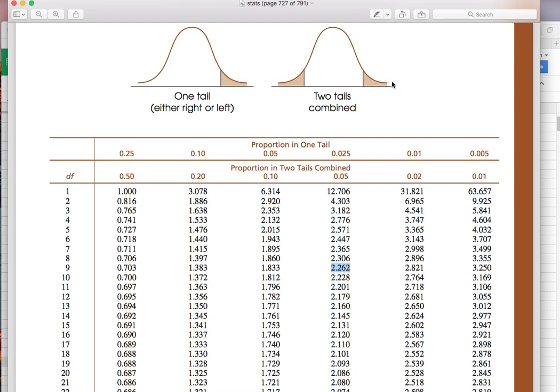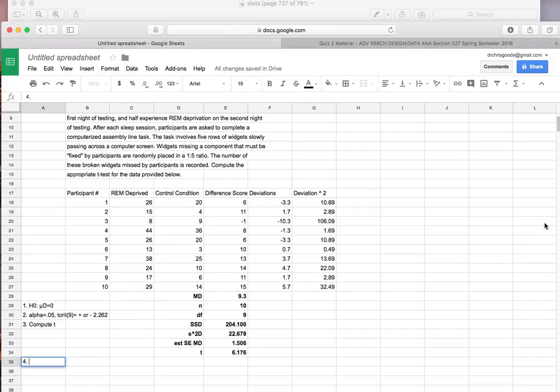I don't know how much area is under the curve beyond our observed t-value, plus beyond what the negative value would have been. But I do know that it's smaller than these two tails combined, which I know to be 0.05. So we know p is going to be less than 0.05.